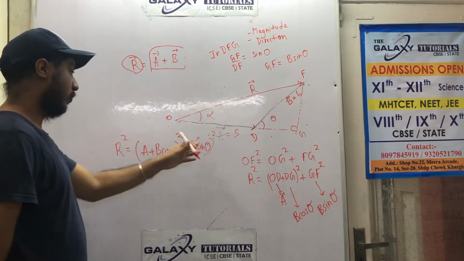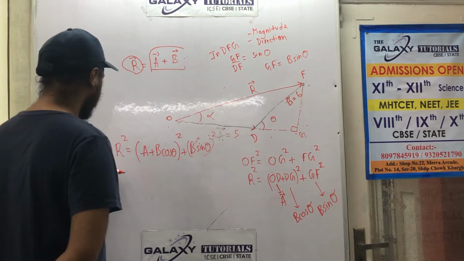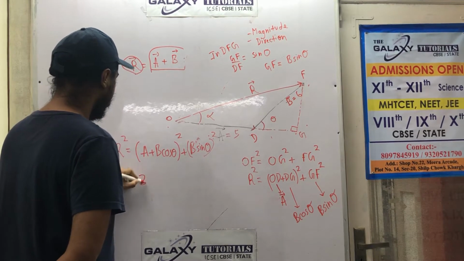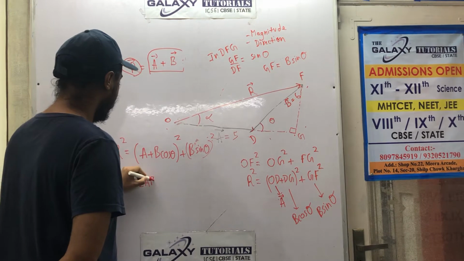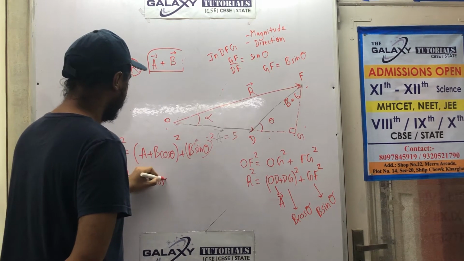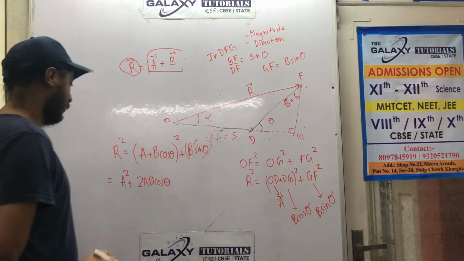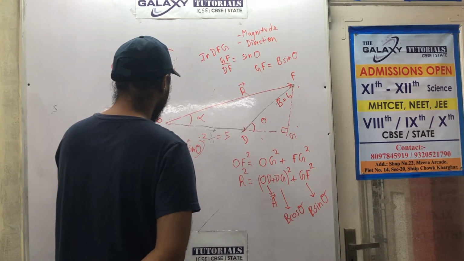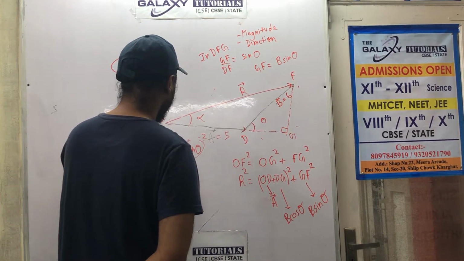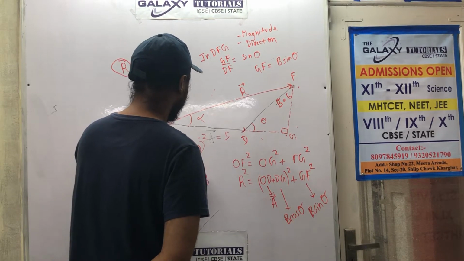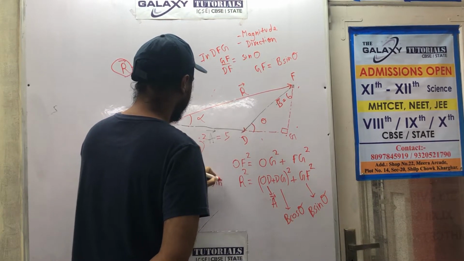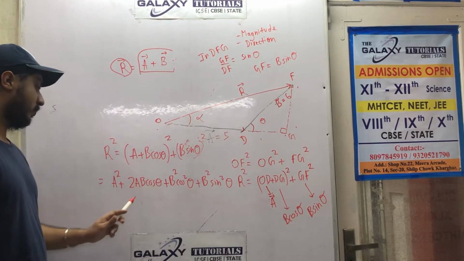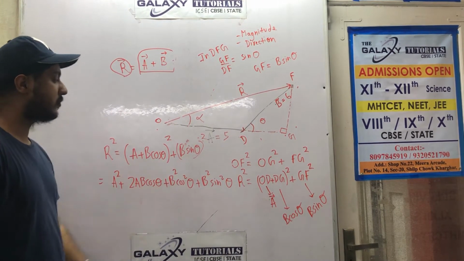So now we will open the whole squares on both the sides. So this will be A square plus 2AB cos theta, plus B square cos square theta plus B square sin square theta.